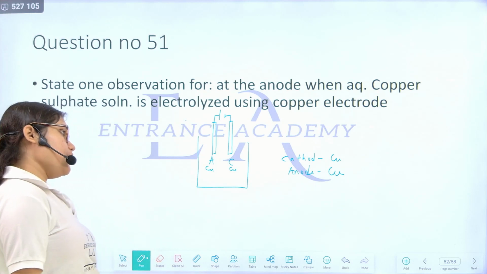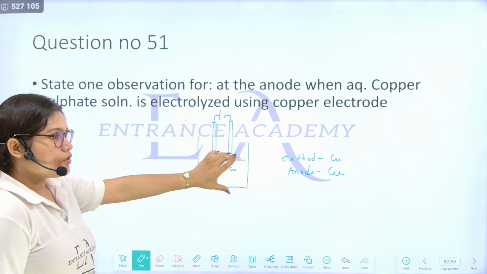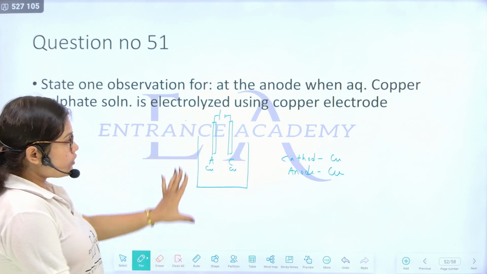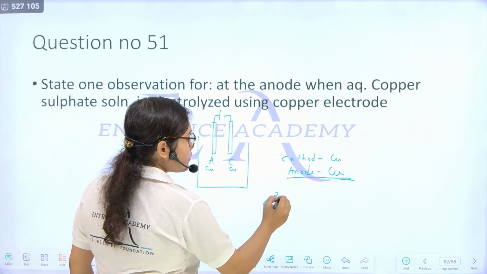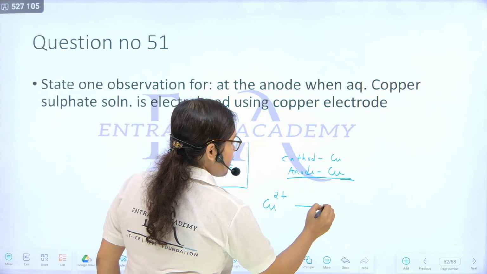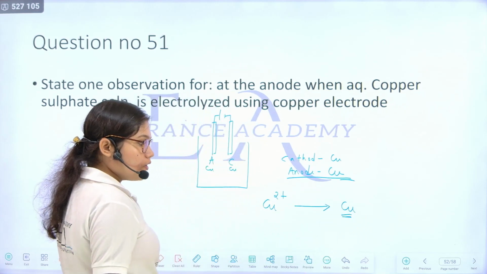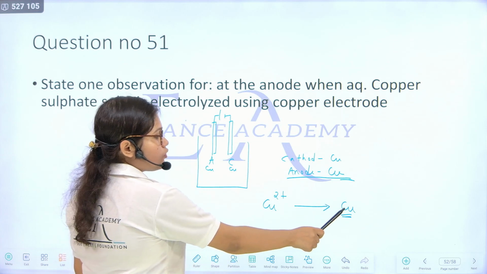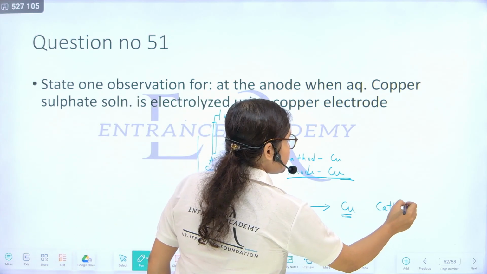At the cathode, Cu2+ is discharged, Cu2+ to Cu, the deposition of copper. This is the cathode reaction.